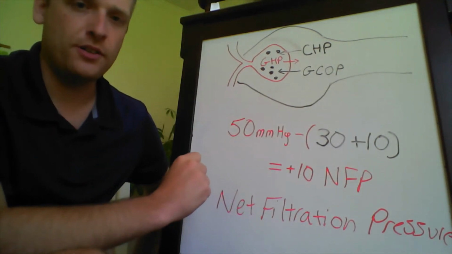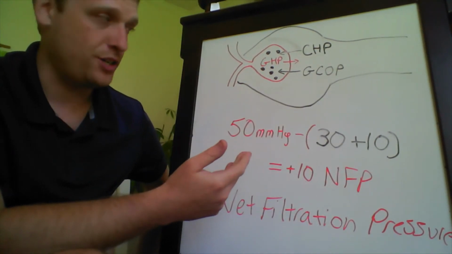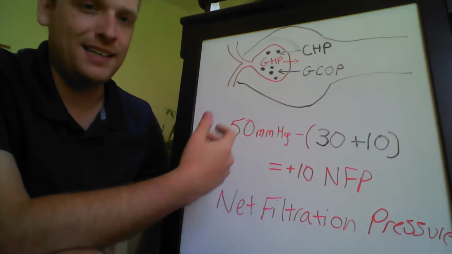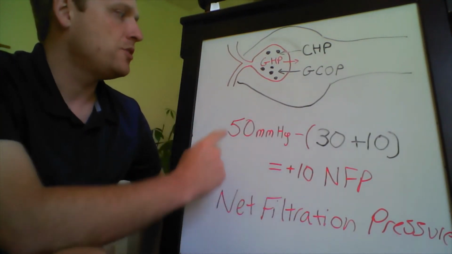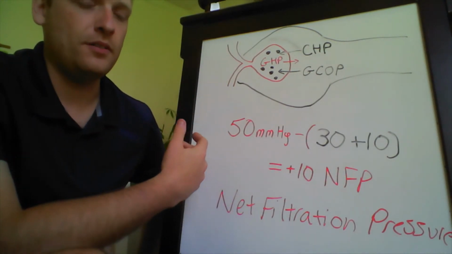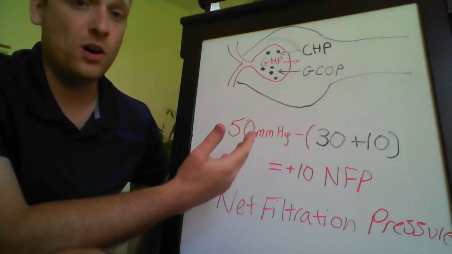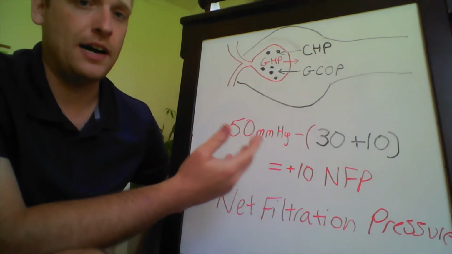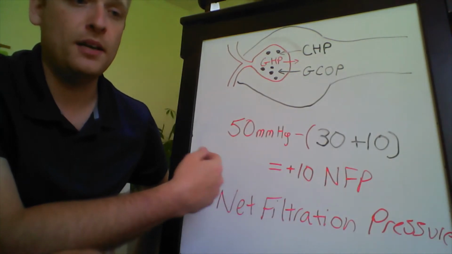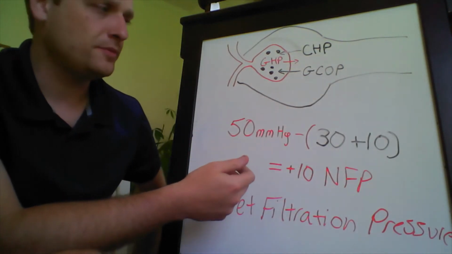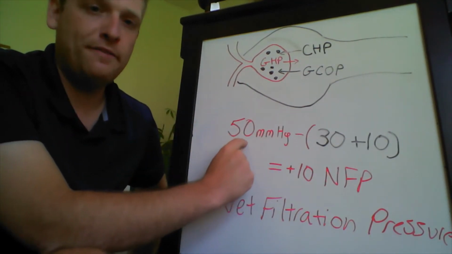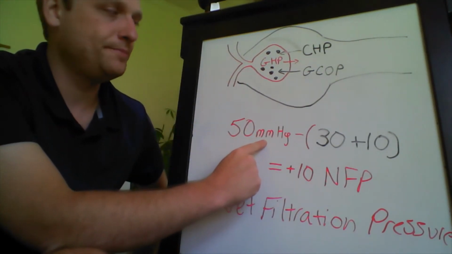The first pressure that affects filtration is the hydrostatic pressure of blood inside the glomerulus. As blood is pushed into the glomerulus, the force that fluid puts on the walls of the glomerulus is the glomerular hydrostatic pressure. And this is, of course, related to blood being pumped by the heart. Glomerular hydrostatic pressure is equal to about 50 millimeters of mercury.